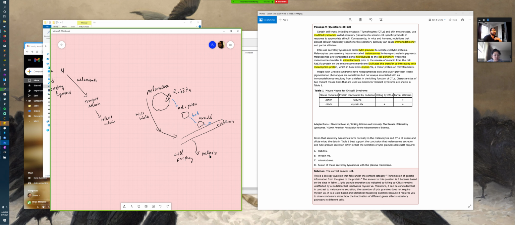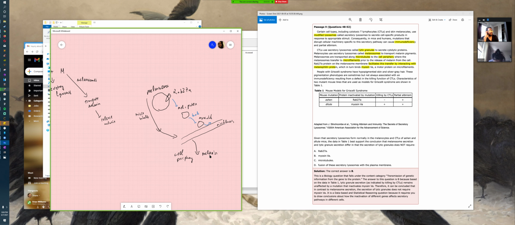Now, people with this syndrome have hypopigmented skin. So sometimes they're not always associated with immunodeficiency, resulting from a defect in the killing function of CTLs.